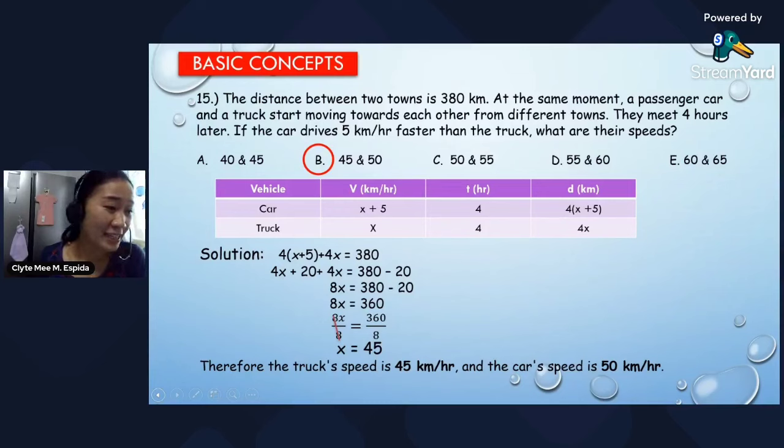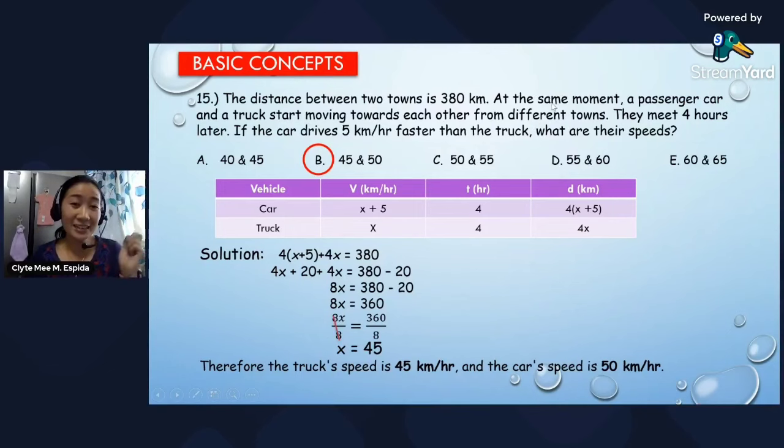Okay, pag nag-guess and check ka, ang gagawin mo, kasi 4 hours nag-meet sila, multiply their speed by 4. So, let's say, 40 and 45, multiply this by 4. Tapos, dapat yung total niya maging 380 kilometers.